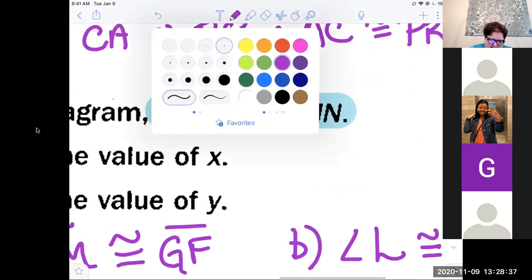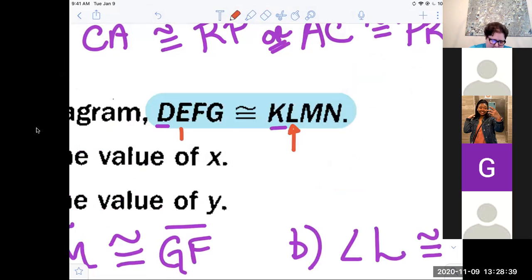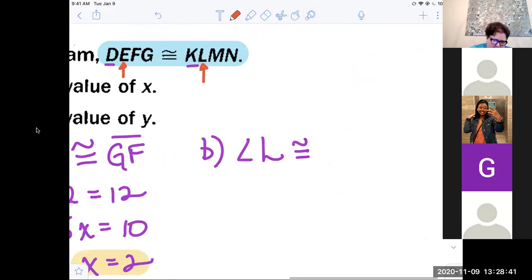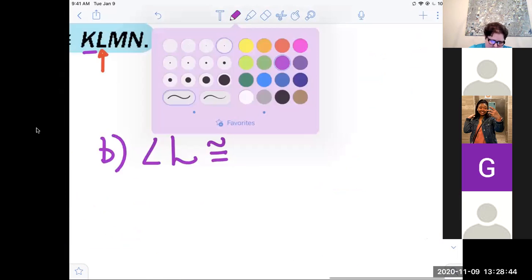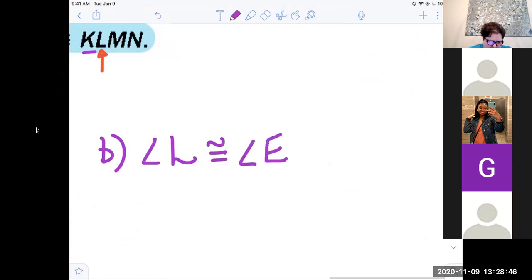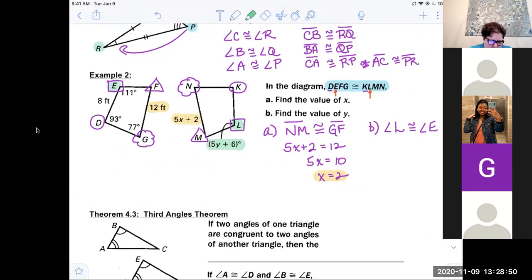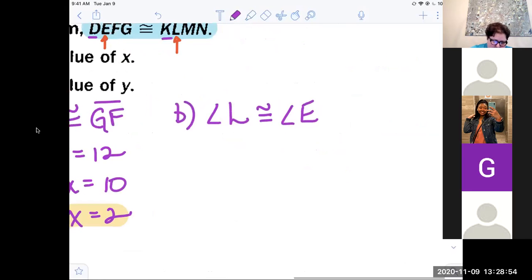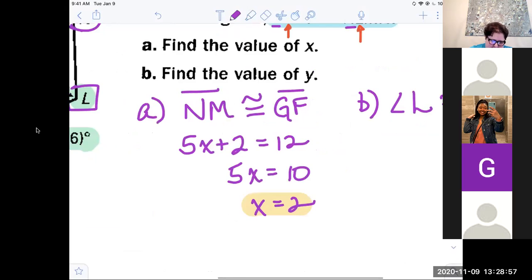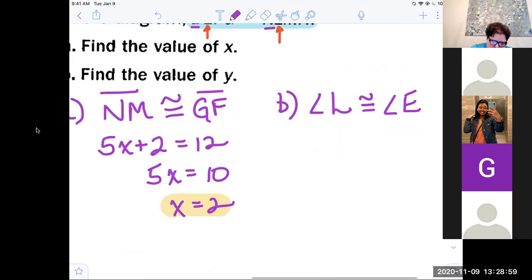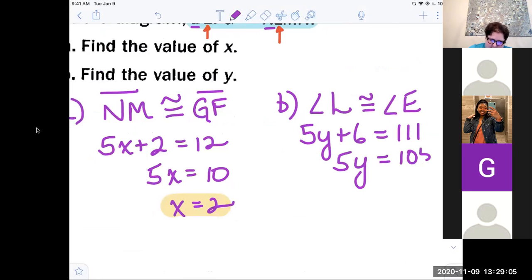E. So on the congruent statement, L and E match up, or on the picture, the way that we've marked them, we can see that L and E would have to go together. And E is 111. That means that since the corresponding angles are congruent, 5y plus 6 has to equal 111. So 5y is 105, and y is 21.